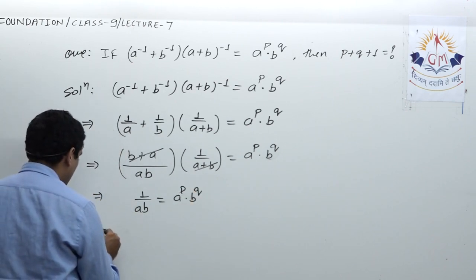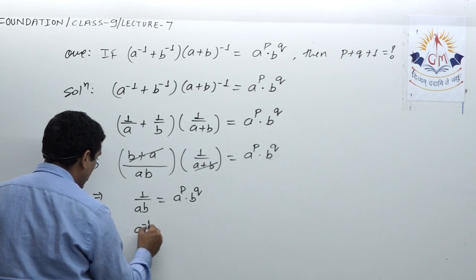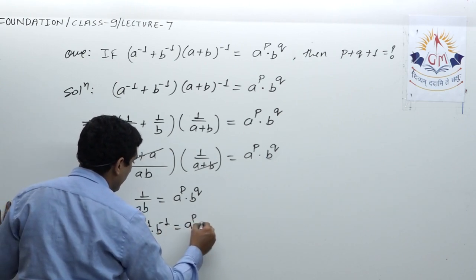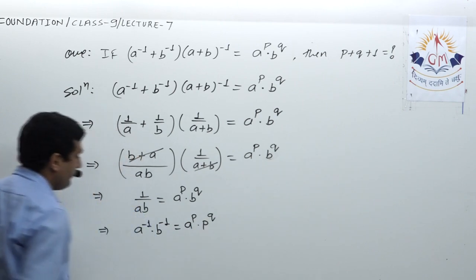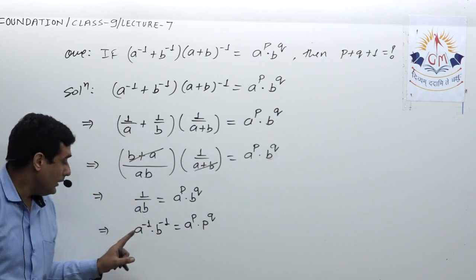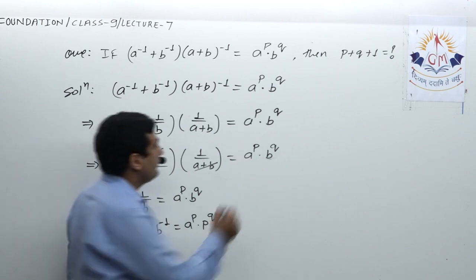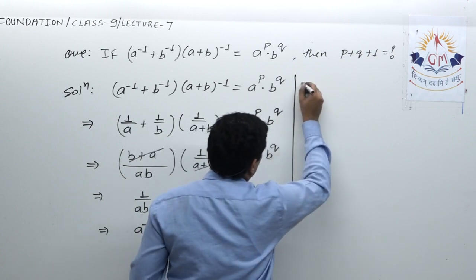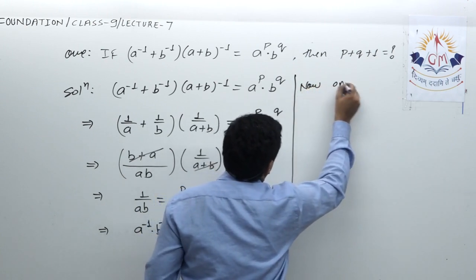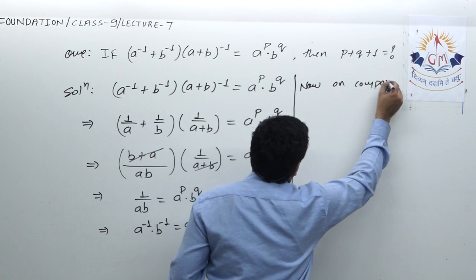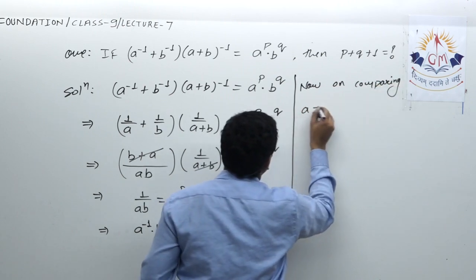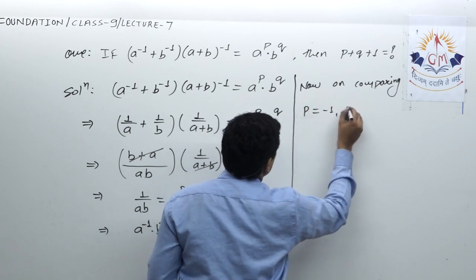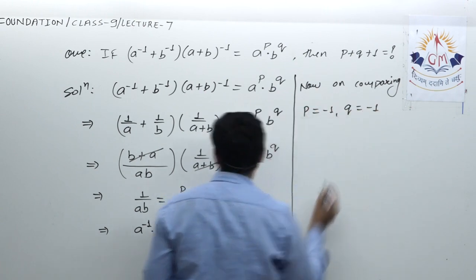So here I can write this as a raised to minus 1 into b raised to minus 1 is equal to a raised to p into b raised to q. Now on comparing I'll get the values of p and q. Comparing, p is equal to minus 1 and q is also equal to minus 1.